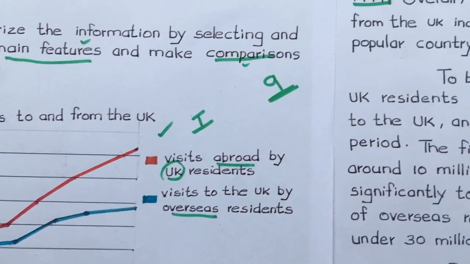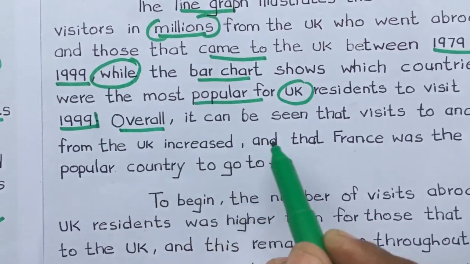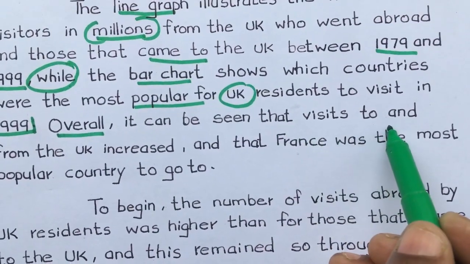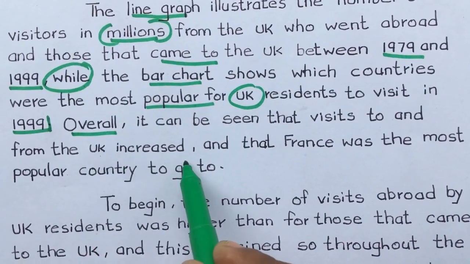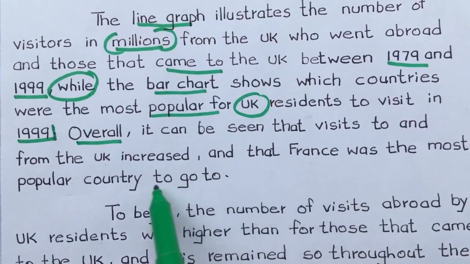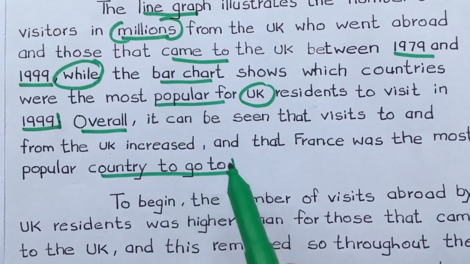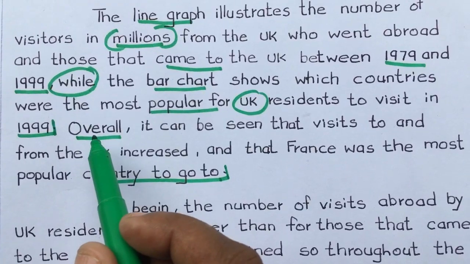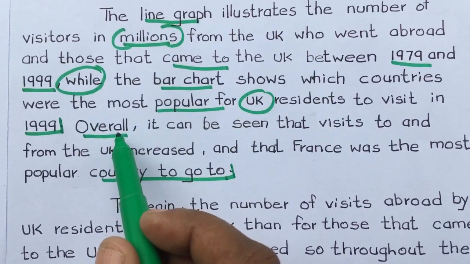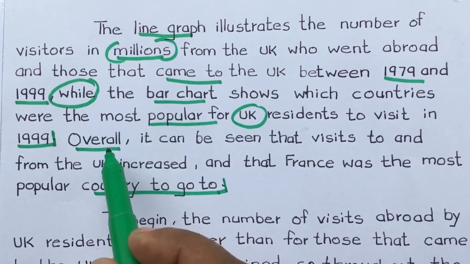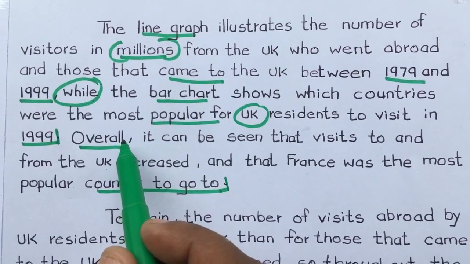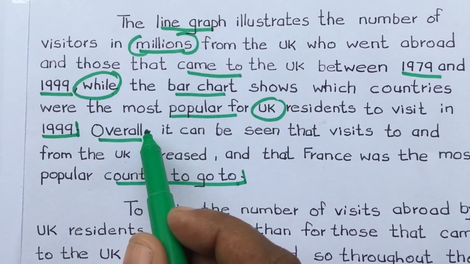Let's move to the next sentence. Overall, it can be seen that visits to and from the UK increased, and that France was the most popular country to go to. See the trend. I always say that when you write your task 1, always look for the overall trend. That is going to give you a lot of benefits in your writing.